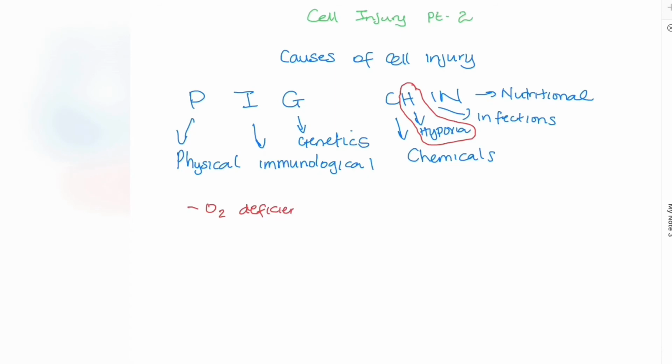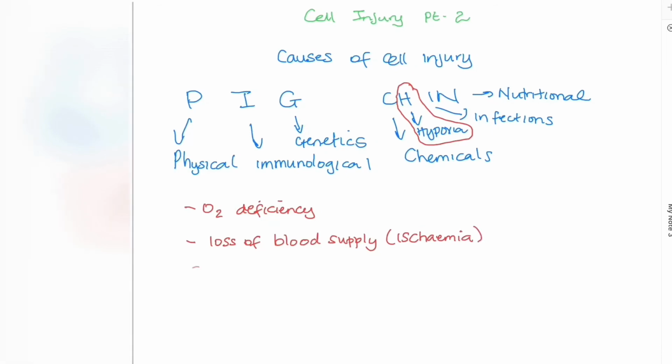The next thing that we're going to look at is hypoxia. Hypoxia means that there is a deficiency in oxygen, and this may be caused by many different things. The first is the loss of blood supply, termed ischemia, which occurs if there is a blockage in a blood vessel.